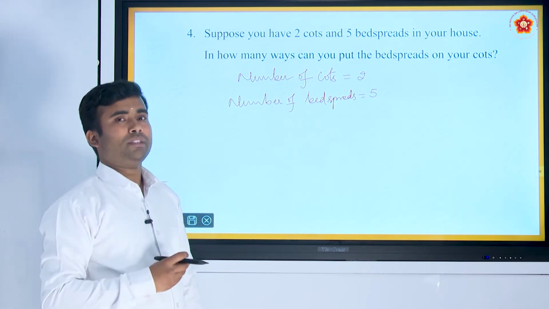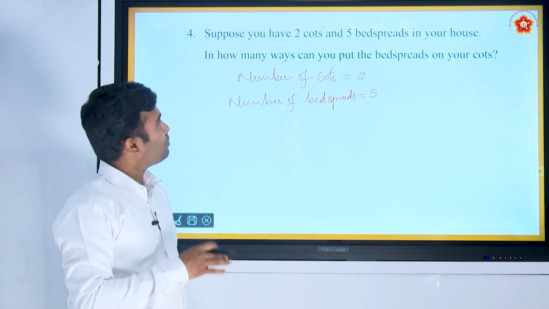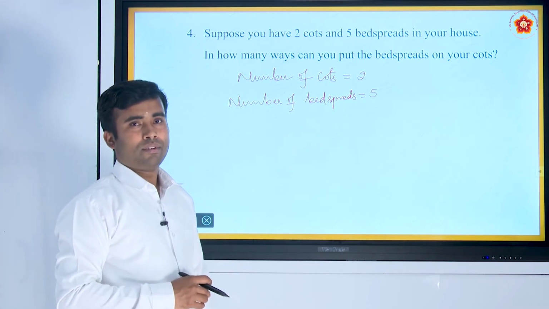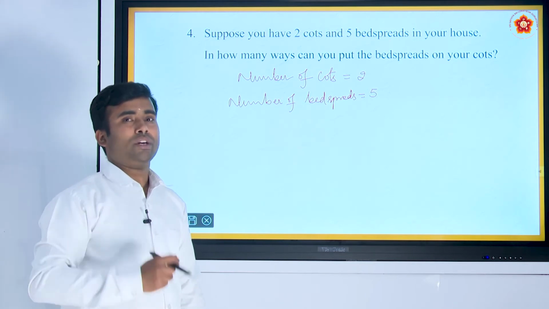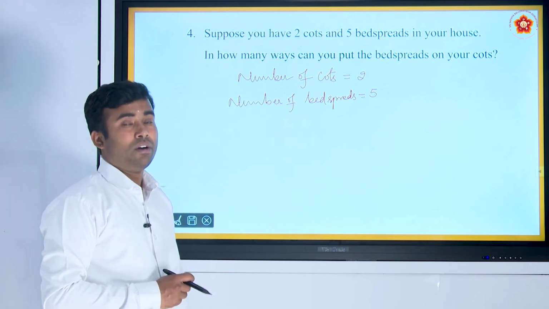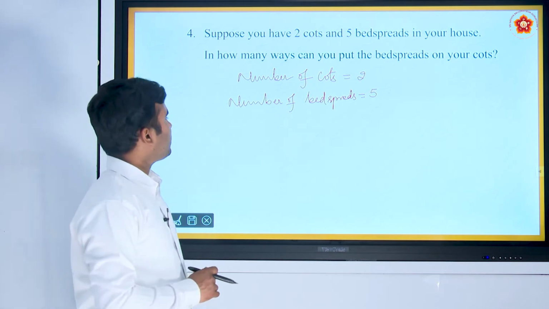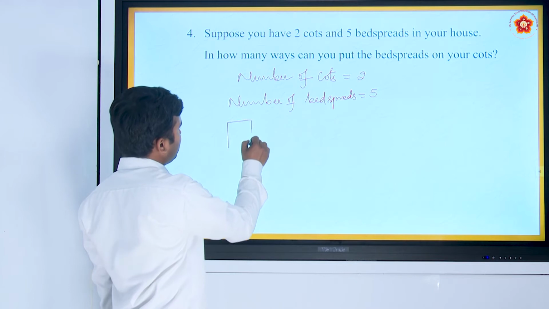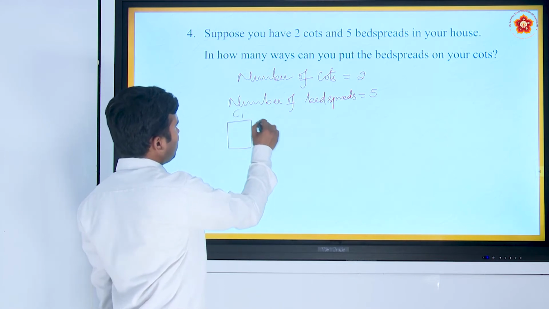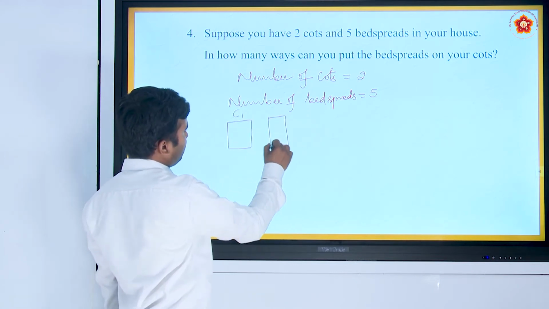So with the bedspreads I need to put them on the cots. See how many possibilities there are. How many ways can you put the bedspreads on the cots? See, there are 2 cots, say cot 1 and cot 2.